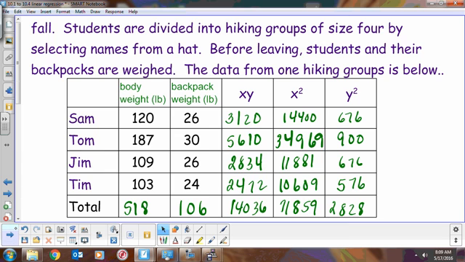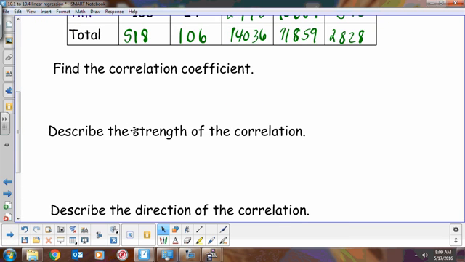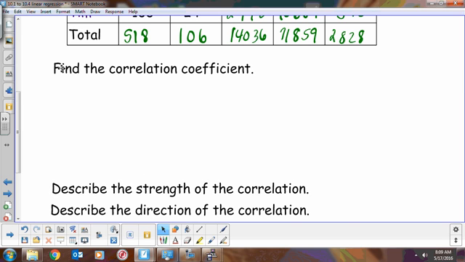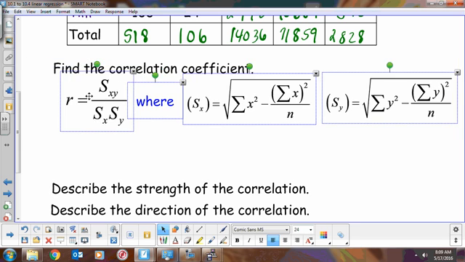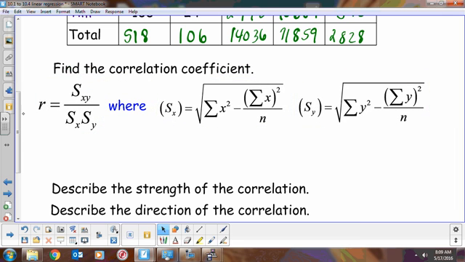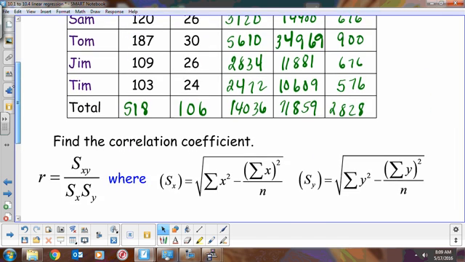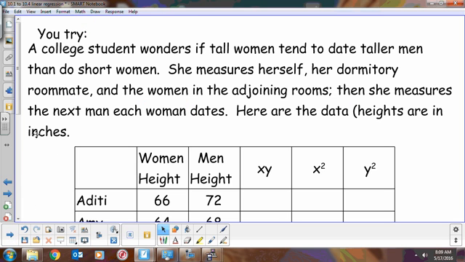So let's go over here and see what we've got. So the first thing we're going to do is we're going to find S of xy. Do you remember what that is? I don't remember that.